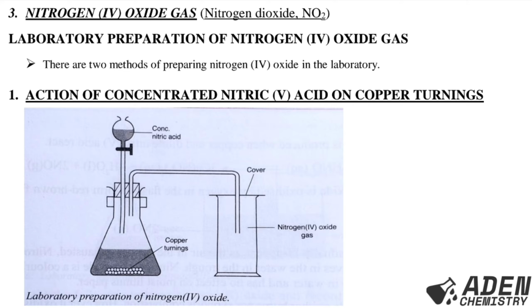So when the two react, what we are going to get will be nitrogen peroxide gas, and it is a gas, so it will pass through the delivery tube, and we are going to collect that nitrogen peroxide gas by downward delivery tube or upward displacement of air. This method of gas collection is called downward delivery tube or upward displacement of air.